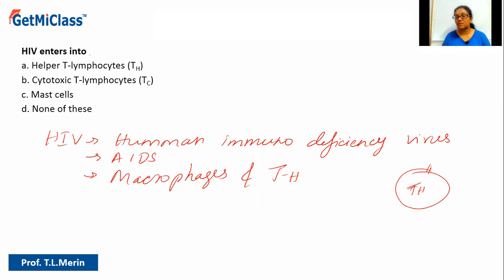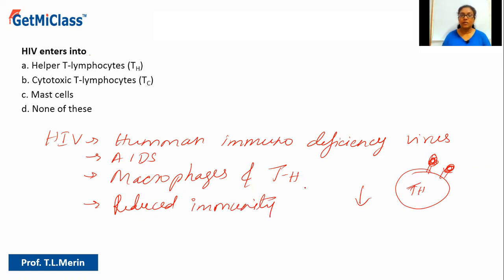These have receptors where the viral particle can come and bind. So that is why mainly these T helper cells will get affected, and there will be a reduction in their population, and that is how it will affect our immune system. So reduced immune response, yeah, reduced immunity, that will be the best description due to HIV attack.